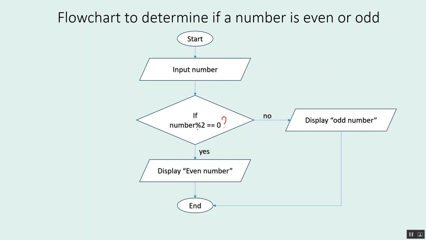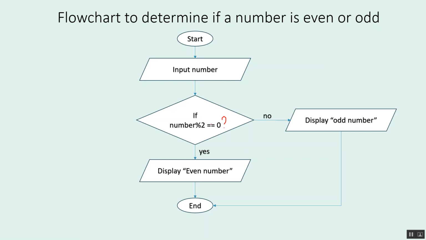There should actually be a question mark here, I forgot. It can be answered by yes or no. That's one important part of using a decision shape like the diamond: we ask questions that can be answered by yes or no. Now, is number modulo 2 equal to 0? If yes, display even number. If no, display odd number.